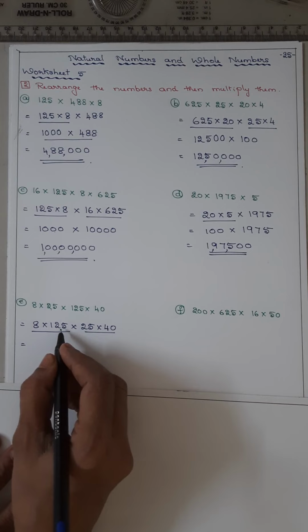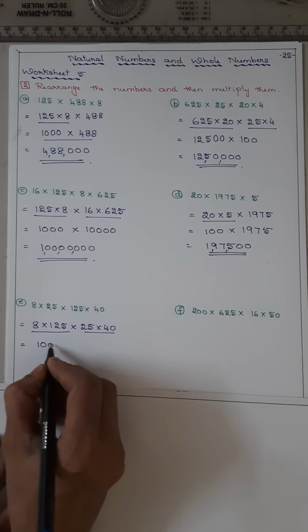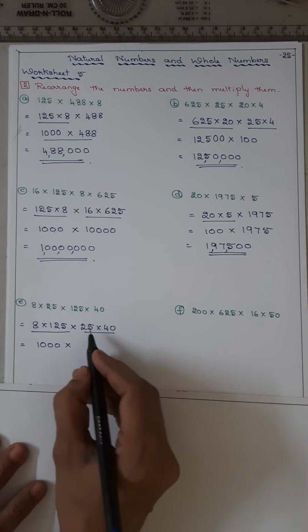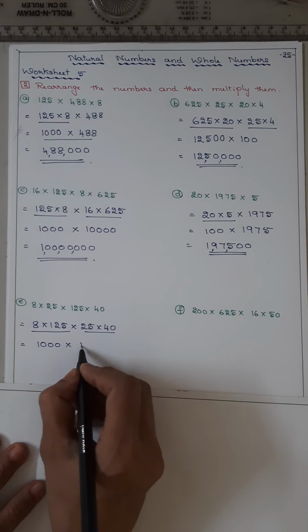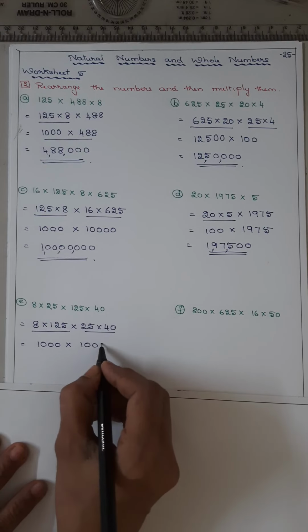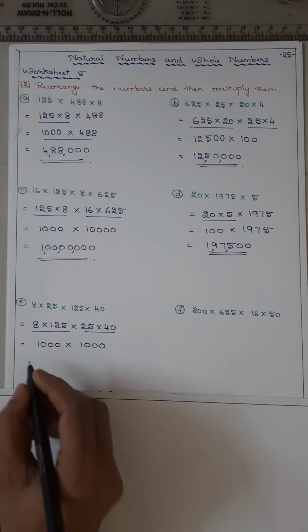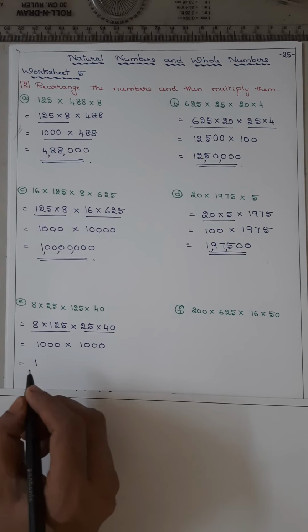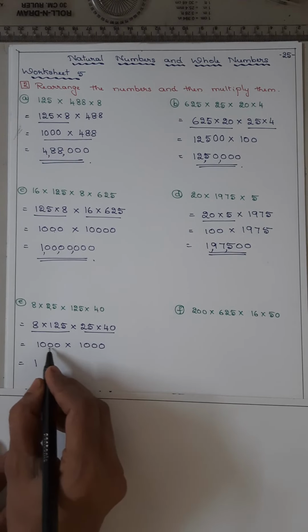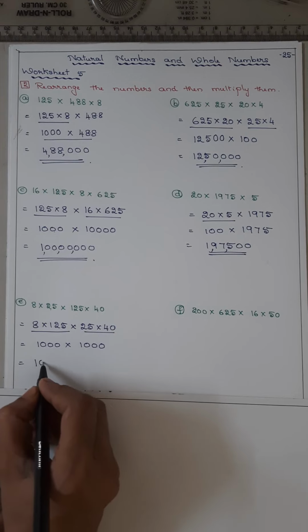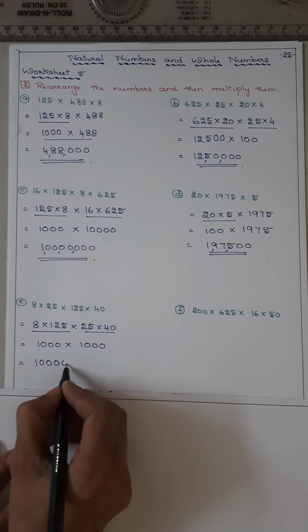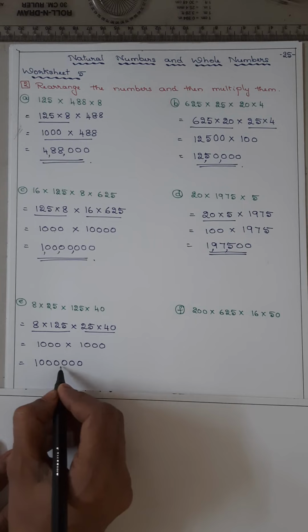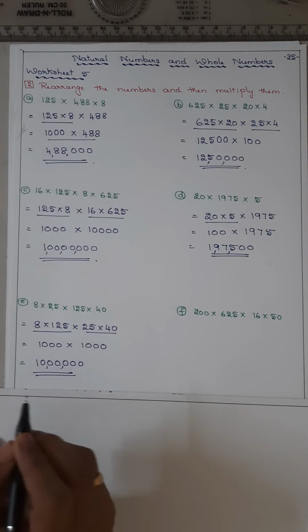So 125 8s are 1000. Now you know 25 4s are 100 and this 0. Now it will be 1 and how many zeros? 1, 2, 3, 4, 5, 6. So it will be 10 lakh.